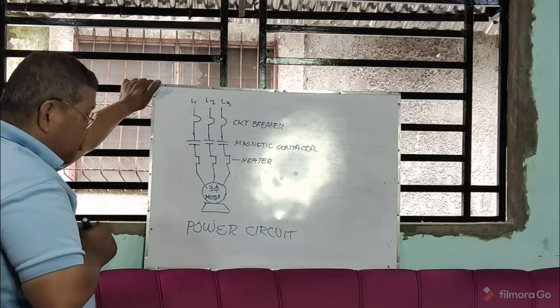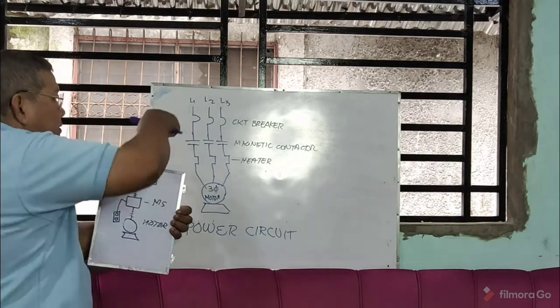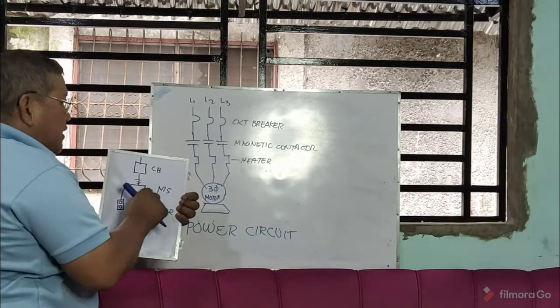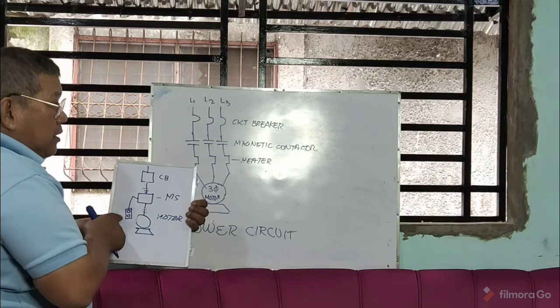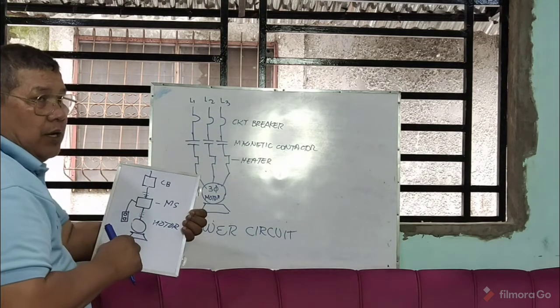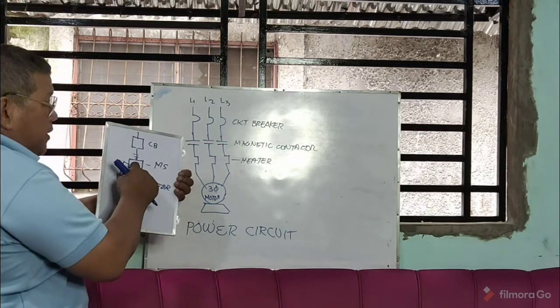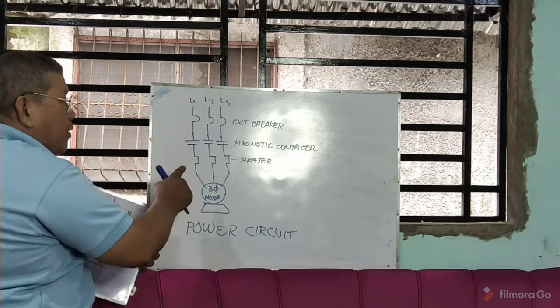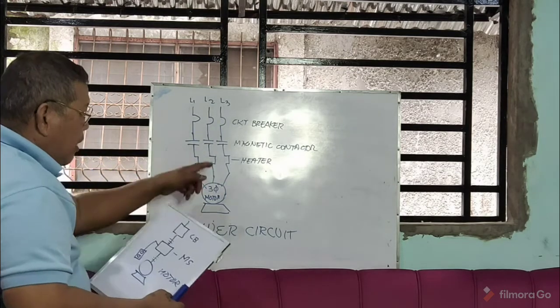Okay? So again, you have here the circuit breaker, this one. You have your magnetic starter. Of course, we have here the push button. We don't have the control circuit yet. And then we have here the magnetic starter, where you can find the magnetic contactor and the overload relay.